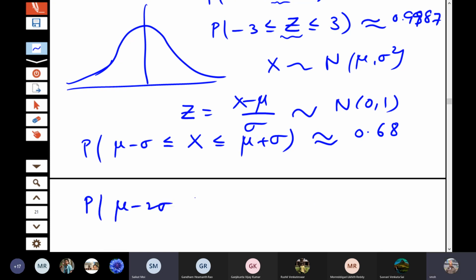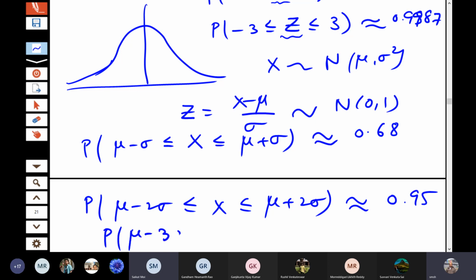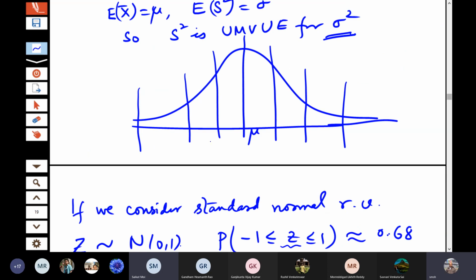Mu minus 2 sigma to mu plus 2 sigma is approximately 0.95, and mu minus 3 sigma to mu plus 3 sigma is approximately 0.9987. Is the statement clear now? So let me put this as mu minus sigma, mu plus sigma, mu plus 2 sigma, mu plus 3 sigma.